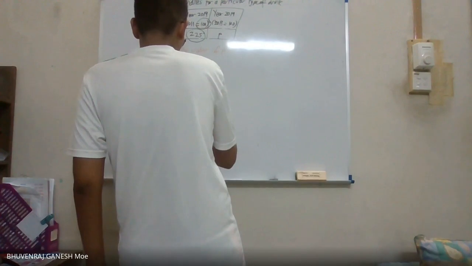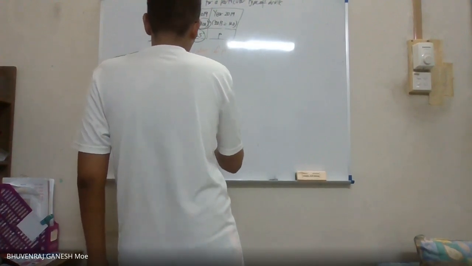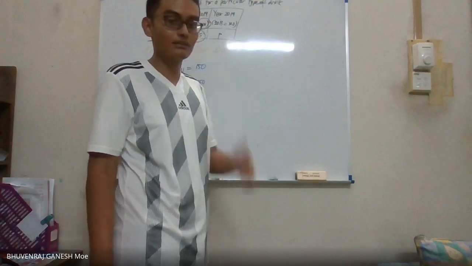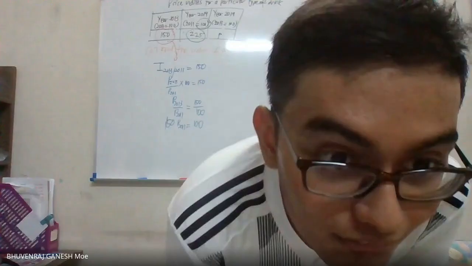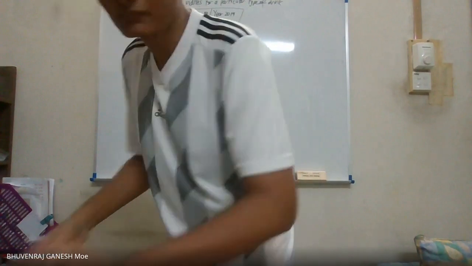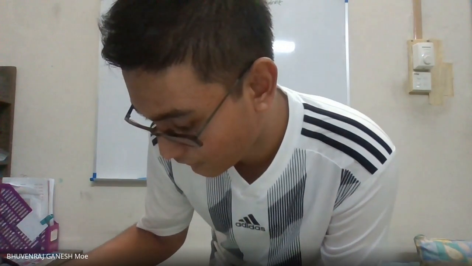Have you done the first part? For I 2013 base 2011. Oh, this is 2019 base 2011. Wait, I do first. I can check with my dear. So the final one you get is 9 over 4.